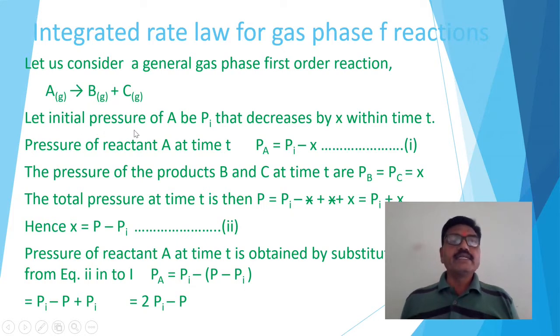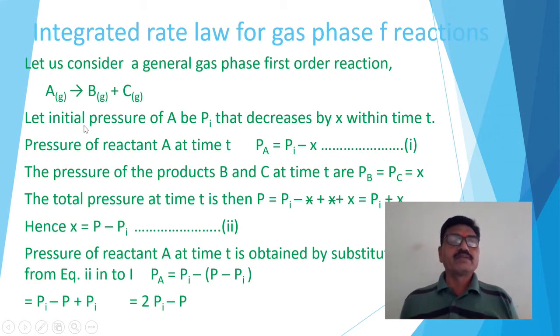Let the initial pressure of A be Pi, which decreases by X within time t. Try to understand the consideration.